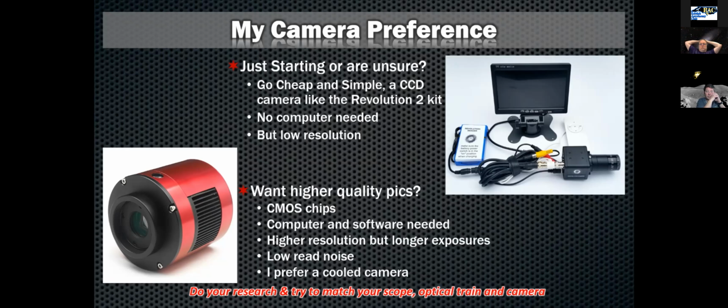To get the best quality views, you really need to understand how all those interrelate. Do you want a really long focal length to capture planets and very small galaxies, or a really short focal length to get very wide views?